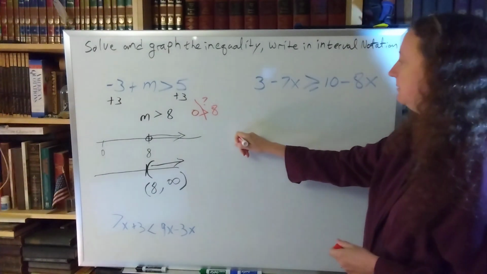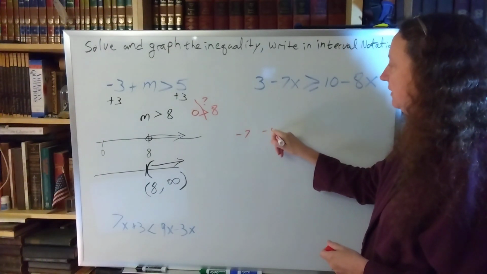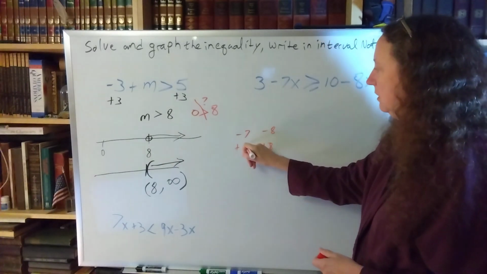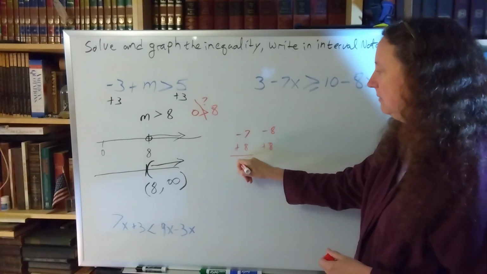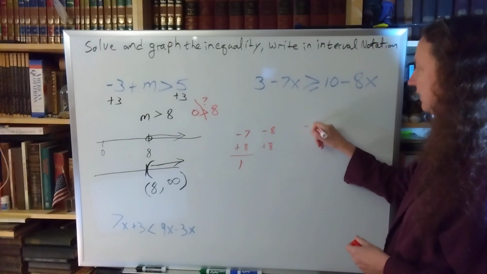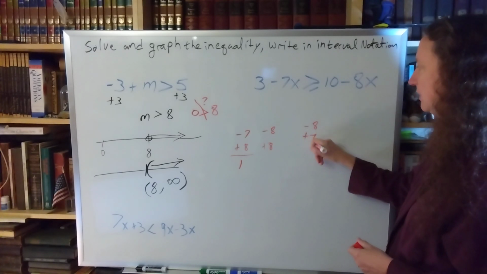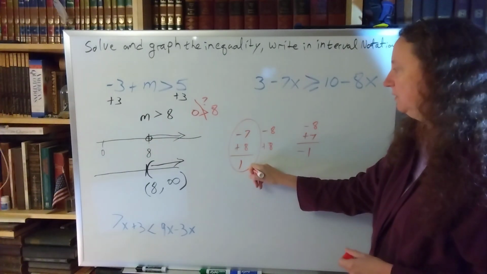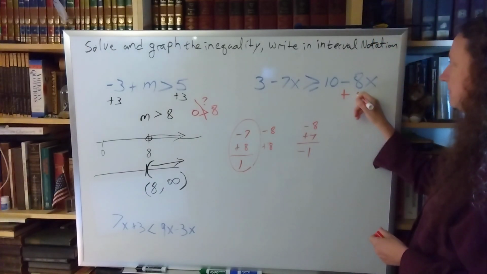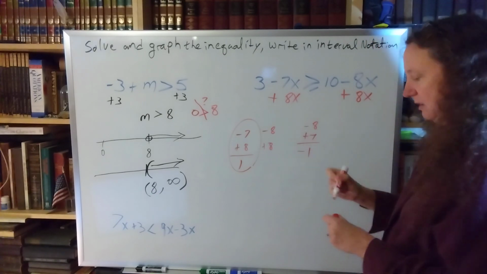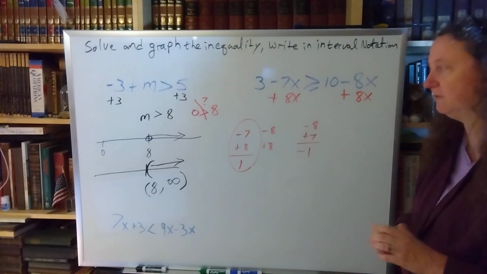So I'm looking at the -7 and the -8, and I see that if I add the 8 over to the other side, I'm going to get a +1. Whereas if I had taken the -8 and I added the 7 over, that would give me a -1. So I want to do it this way. So I'm adding my 8x. Like I said, that's just personal preference.